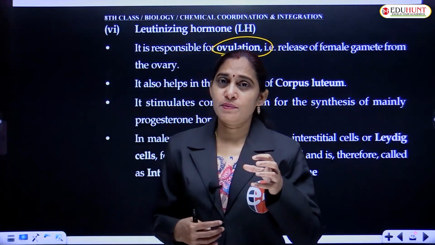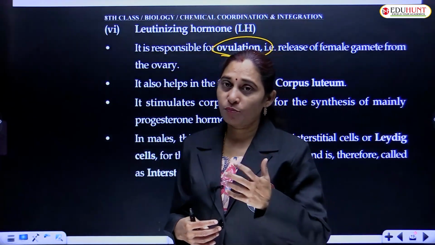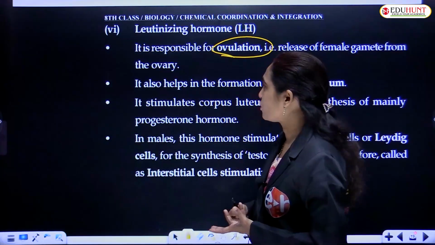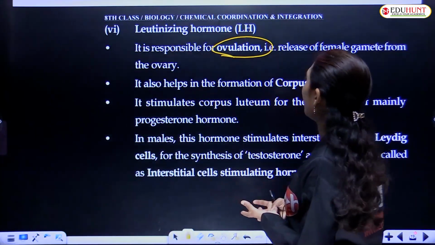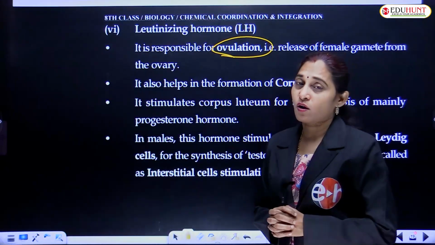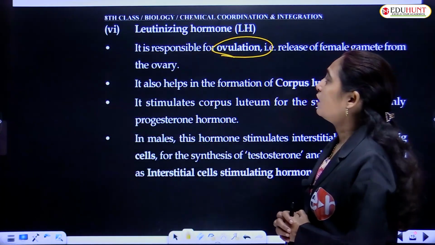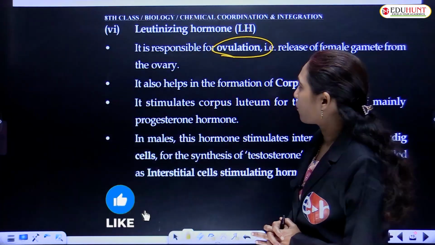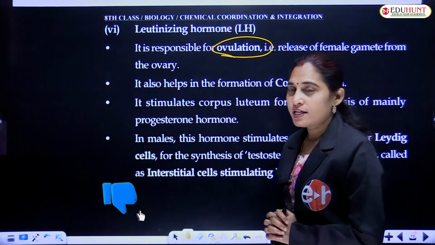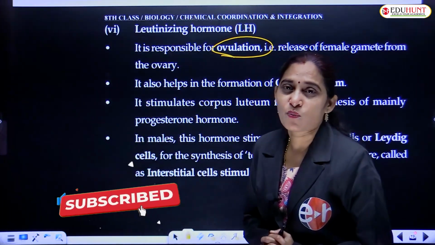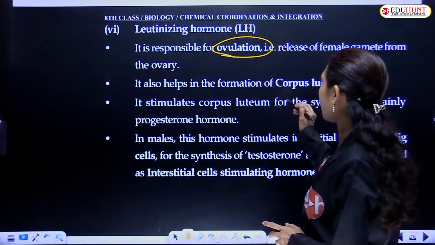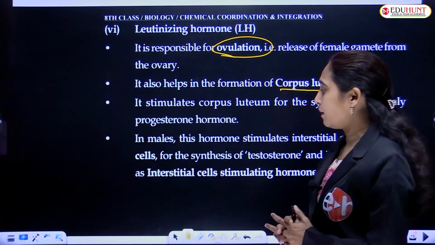For that purpose, it should be released. This release of the female gamete from the ovary is known as ovulation, which is stimulated by the luteinizing hormone released by the anterior lobe of the pituitary gland, and it also helps in the formation of the corpus luteum.